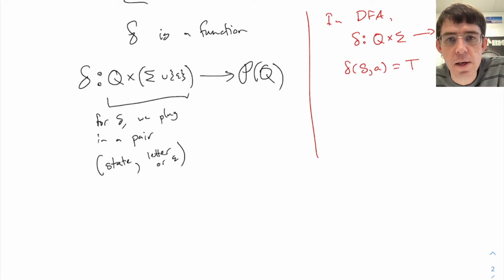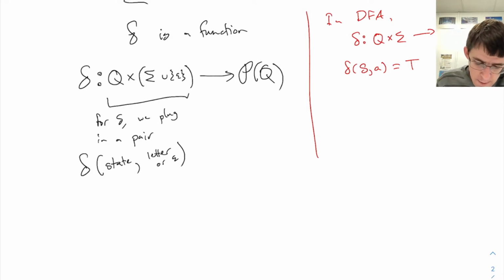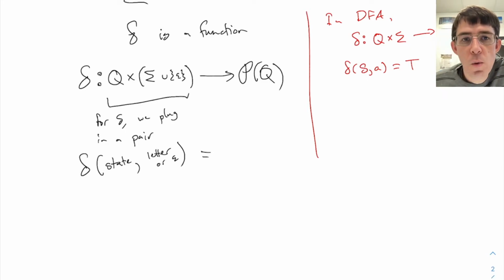Epsilon doesn't count as a letter in the alphabet, but you are allowed to put an epsilon in that position when you're doing NFA. You use delta, you put a single state, followed by an individual letter or maybe epsilon. And then the answer, we plug in a pair like that.